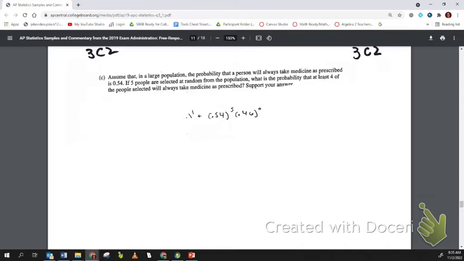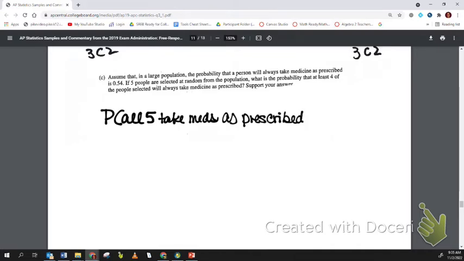So if I want to know the probability that at least 4 of the people will always take their medicine as prescribed, I would need the probability that all 5 take their meds as prescribed, plus the probability that only 4 take their meds as prescribed.